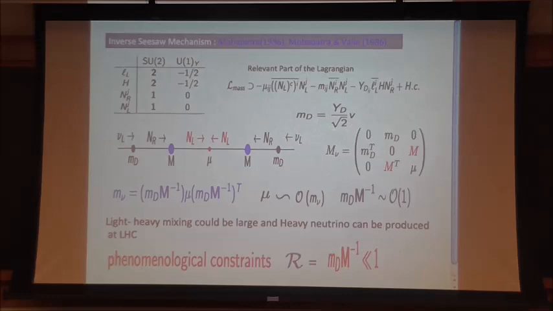But if we consider the phenomenological constraints from lepton flavor violation, we find that this assumption is not fully correct. Using the constraints, we see that this mixing angle is much less than 1.